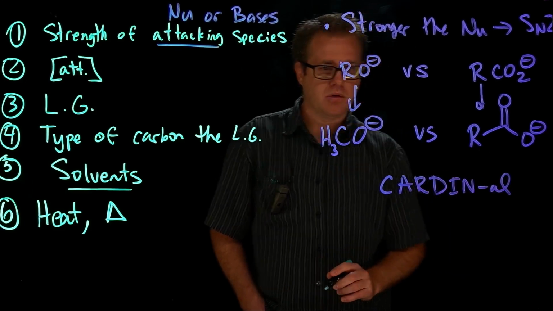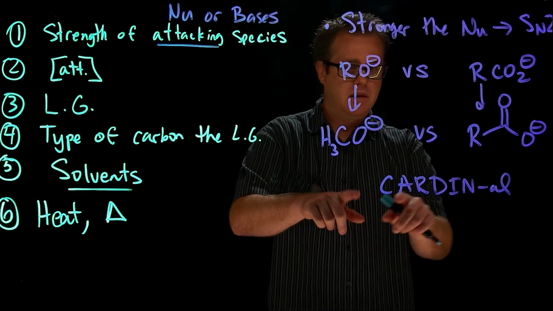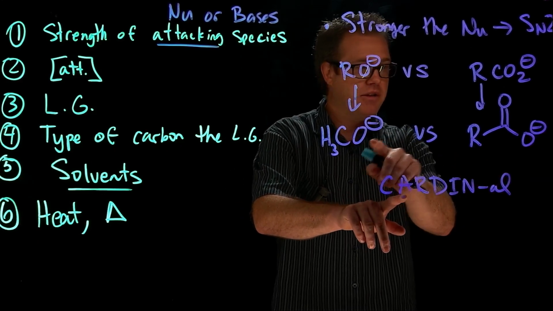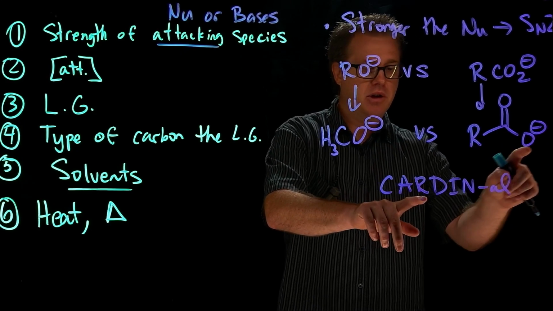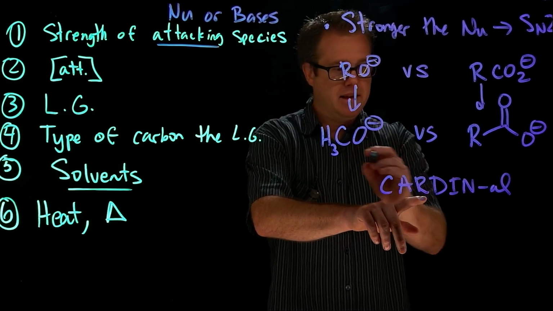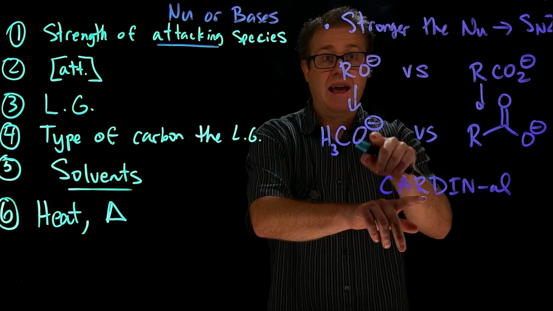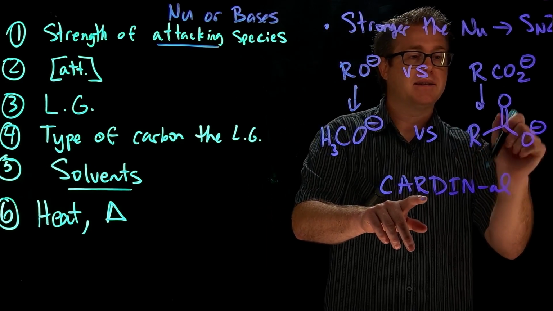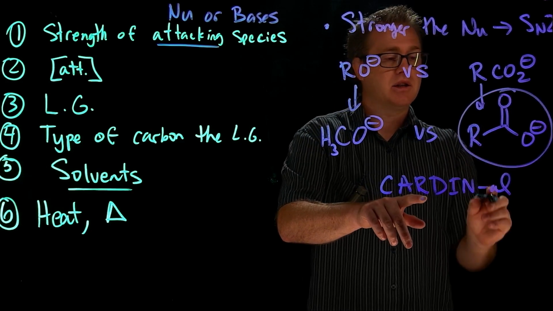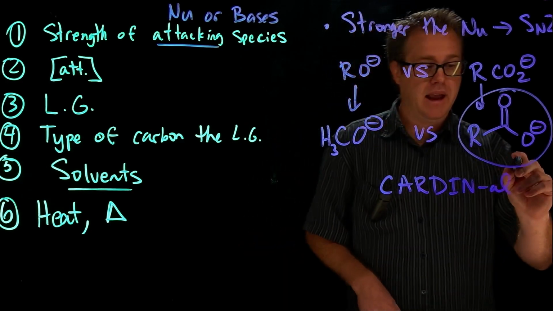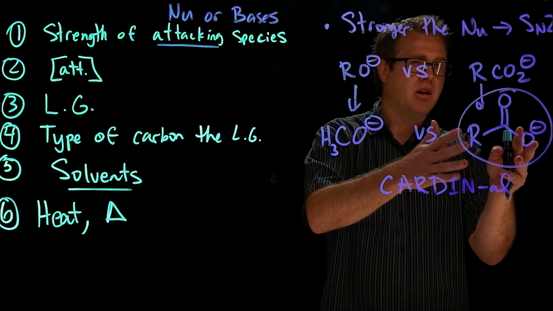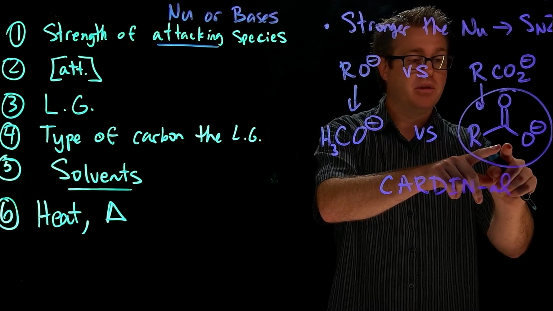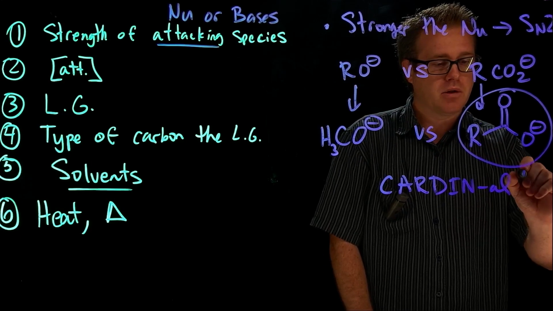So there's the cardinal rule, and we go through it, and we compare these two. They both have the same charge. They both have the charge on the same atom. So we go to the next one. We see that this molecule doesn't have resonance. This molecule does have resonance. Hence, this guy is going to be the more stable base. That's how it's kind of drawn. Or let's just keep the, that's going to be the more stable nucleophile. More stable.